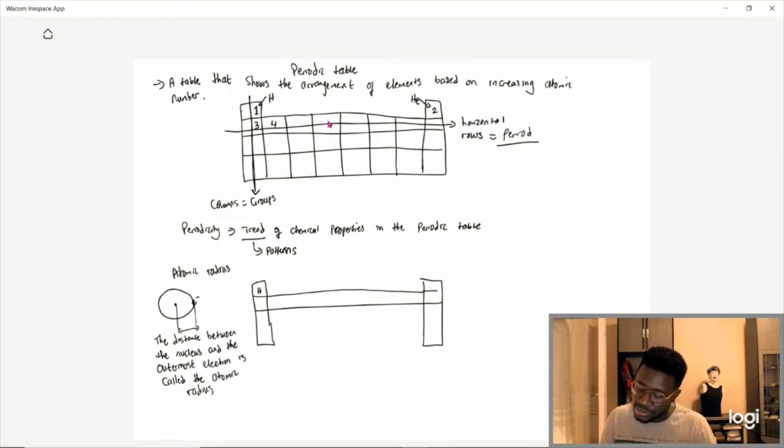So there's a particular trend of atomic radius in the periodic table. Down the group, that means this direction, down the group here, the atomic radius increases.